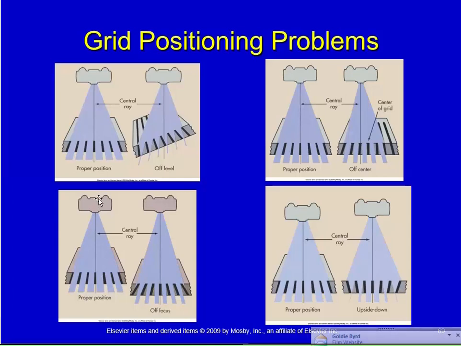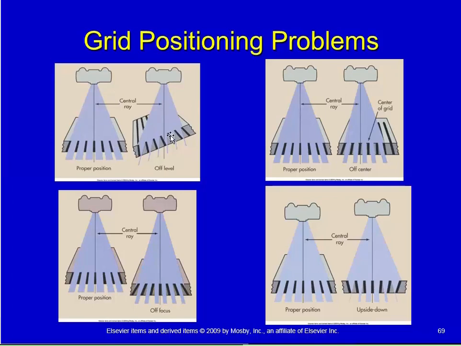So, grid positioning problems. These could apply to grid positioning in the table, but most of the time these are portable issues. If you have a grid, regardless of what type it is, a focus grid, a crosshatch grid, or parallel grid, all of these in some form apply.